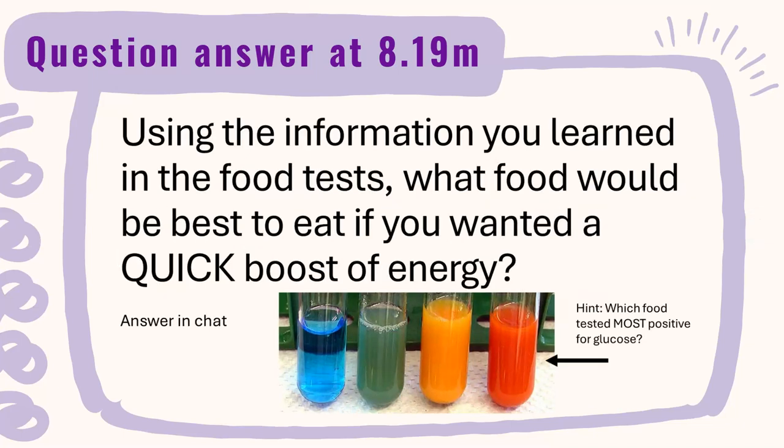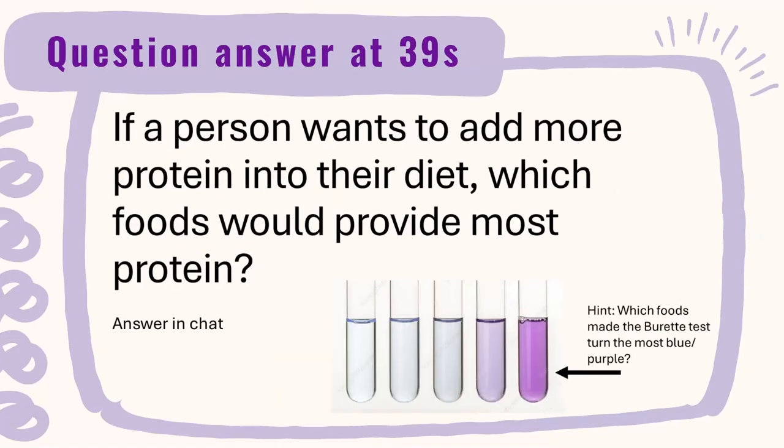Using the information you learned in the food tests, what food would be best to eat if you wanted a quick boost of energy? A hint, that would be the food that tested most positive for glucose. If a person wants to add more protein into their diet, which foods would provide the most protein?